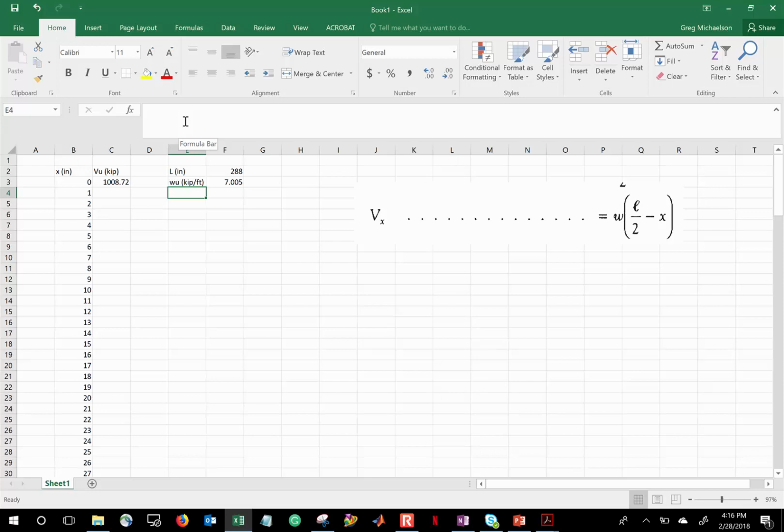Kips per foot, this is in inches. It's got to match. So how do I convert this into kips per inch? I take that and I divide by 12. So you got to make sure you're consistent. I'm going to take this, I'm going to divide it by 12 in my formula, and there we go. Now I know I got the right answer because the shear at the beginning of the beam is 84.06 kips, and that's the same thing I computed as the reaction earlier. So that gives me a check that what I'm doing is correct.